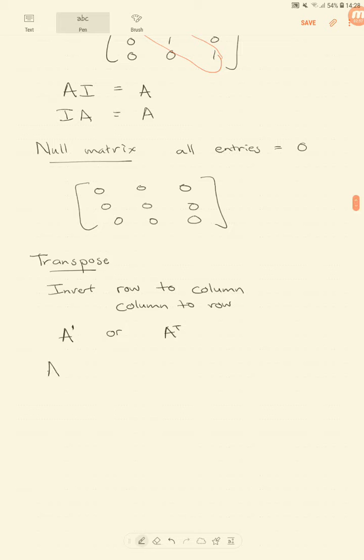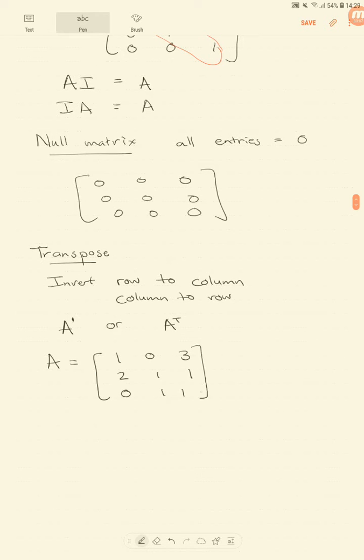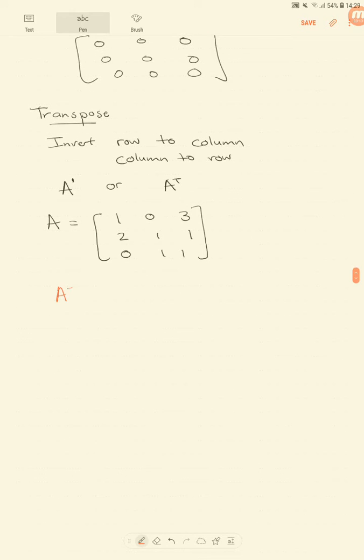For example, if we have matrix A equal to 1, 0, 3, 2, 1, 1, 0, 1, 1, A transpose would be equal to: row 1 becomes column 1, so 1, 0, 3.